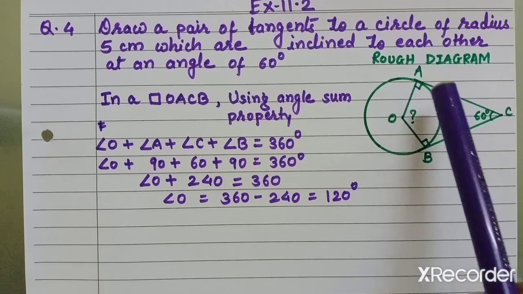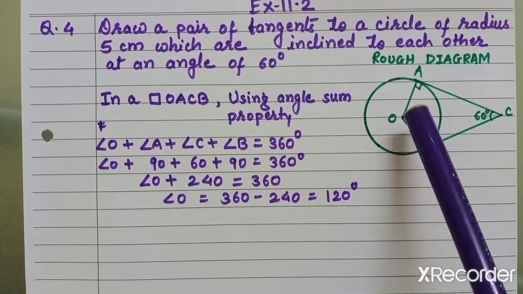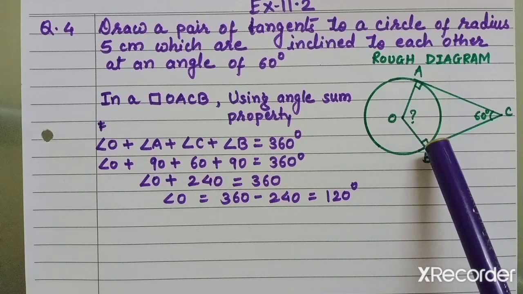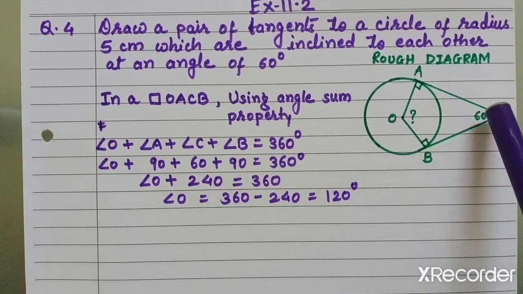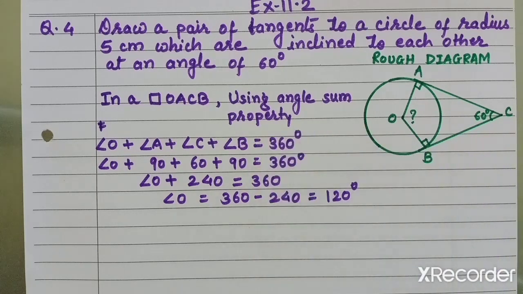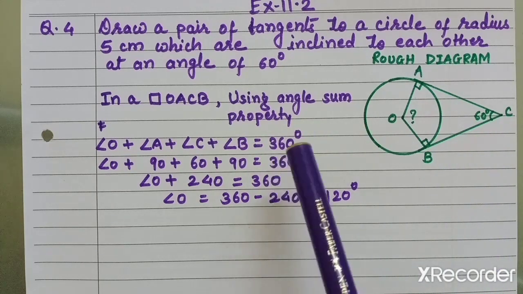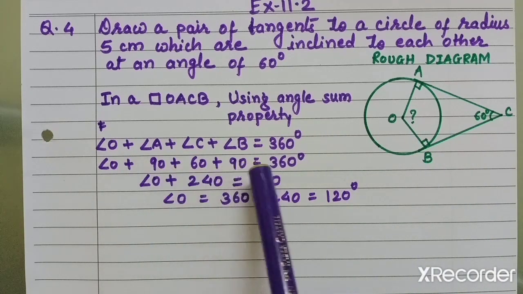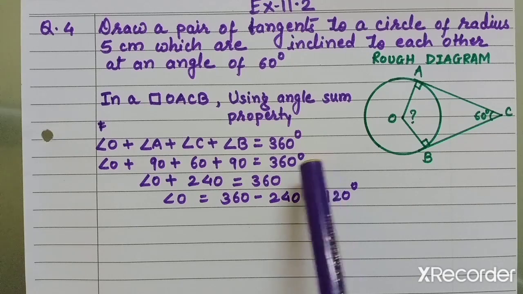So OA is perpendicular to AC and OB is perpendicular to BC. So these two angles are 90 degrees and the angle of inclination of two tangents is given as 60 degrees. So very easily we can find the fourth angle by using the angle sum property of a quadrilateral. So the sum of all four angles is equal to 360 degrees.